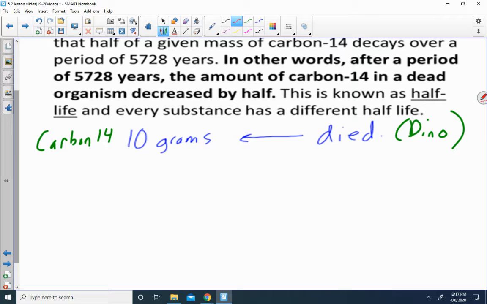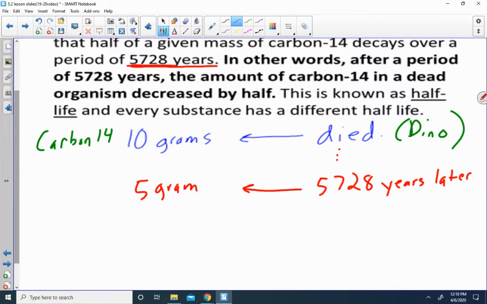But now let's skip forward a little bit, and let's say we go to 5,728 years later and see how Dino is doing in terms of his carbon-14. So let's say 5,728 years later, he now has 5 grams of carbon-14. Basically, after that many years, the amount of grams he had was cut in half.